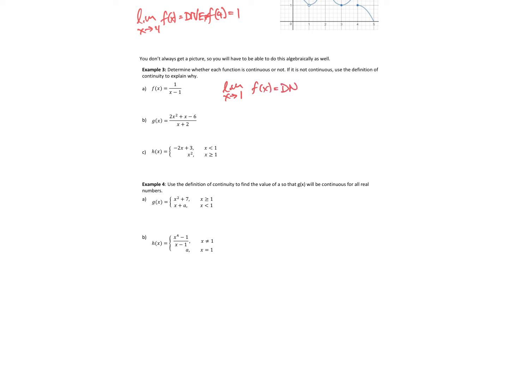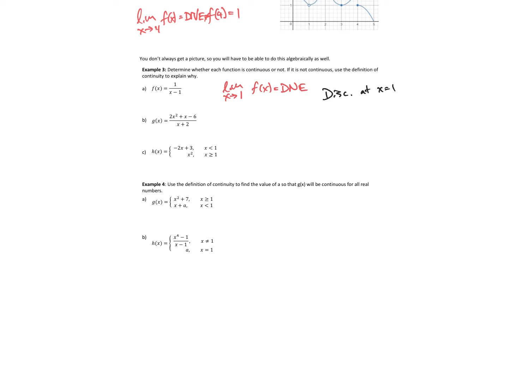It doesn't exist. All right? Now I go from a little bit from the left and a little bit from the right, and I'm going to get negative infinity and positive infinity, right? So it doesn't exist. So my limit doesn't exist. So do I even care about my value? Not really. So it's going to be discontinuous at what? At x equals 1.